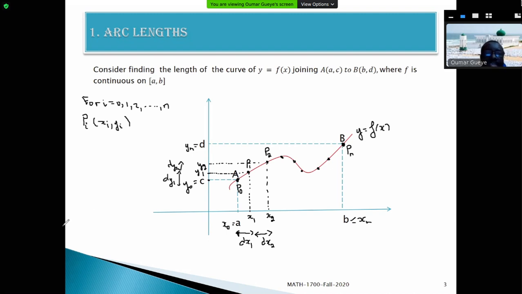Okay, and dli is going to be the length of the portion of the curve of f joining pi minus 1 and pi.